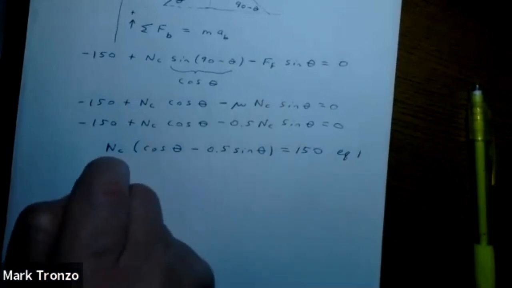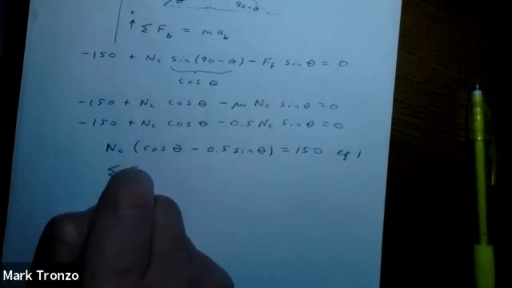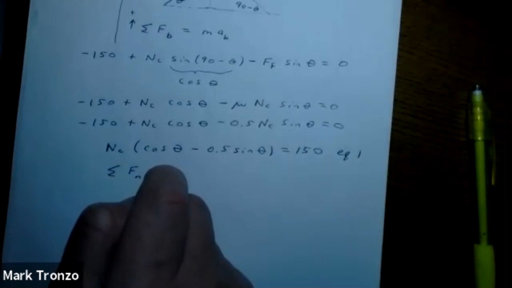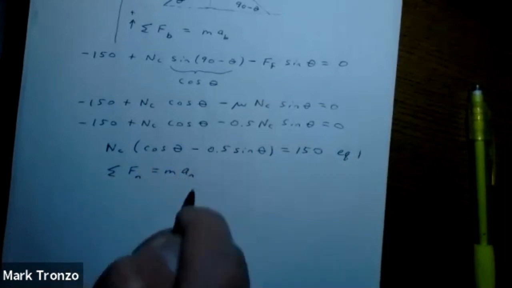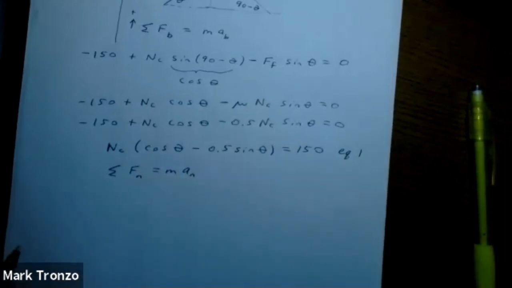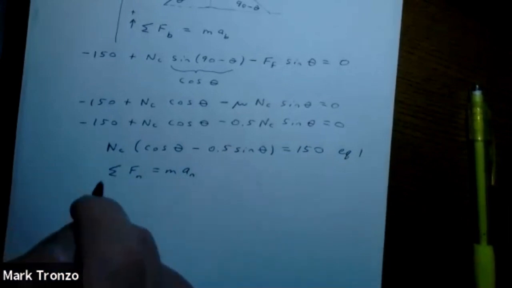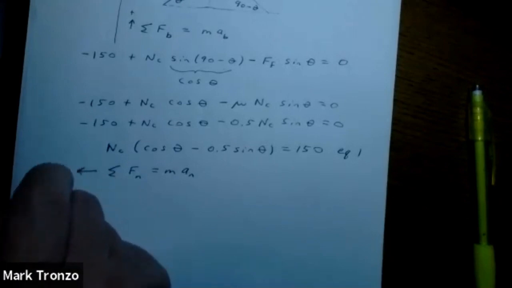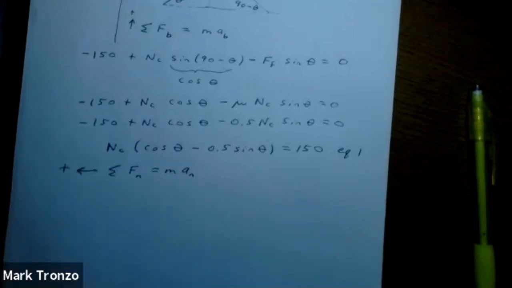And then we're going to sum the force in the normal direction. And once again, if we look up at our picture, NC, if we get normal, we'll go this direction for positive.